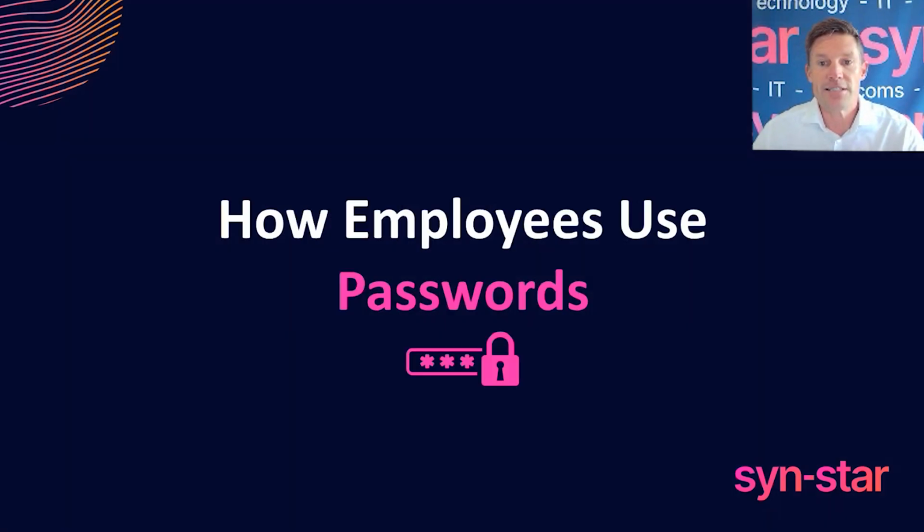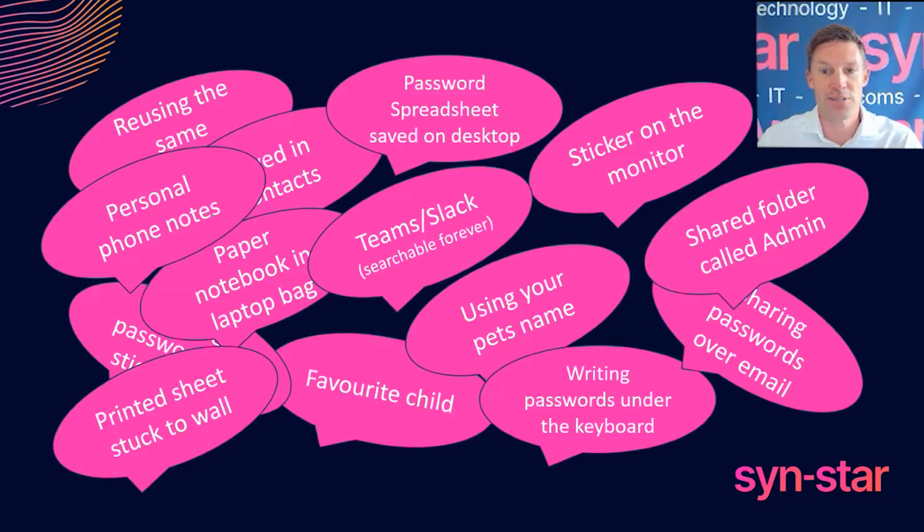So first of all, let's have a look at how many weird and wonderful ways your team might be using to remember passwords and possibly share passwords. There's loads of different things, and these are some of the popular methods that we've seen firsthand. They might use the same passwords on multiple platforms.